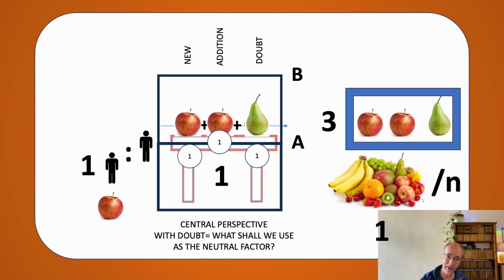So I find another apple, I have an addition, then I'm sure, yes, I have my number 1. But at a certain point, you also find a pear. And there's a difference. So I can't continue my idea of what was 1, and I have to adapt. This is the moment of doubt.